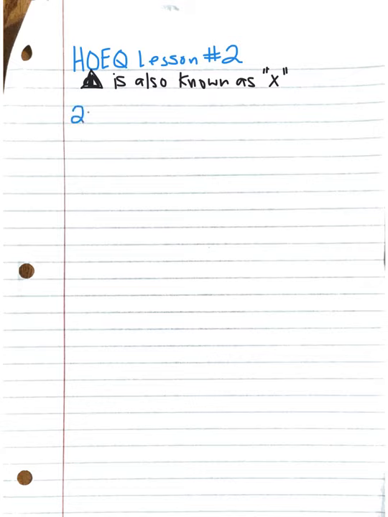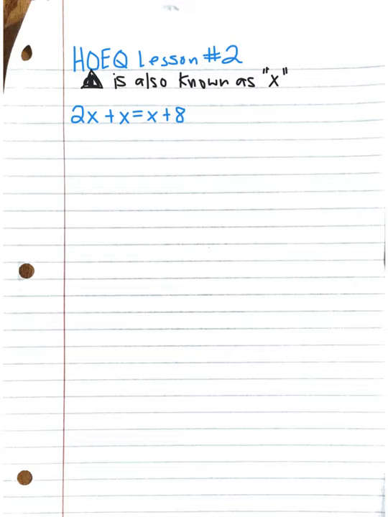For example, if I were to give you the equation 2x plus x is equal to x plus 8. Now, if we hadn't done this stuff with hands-on equations, you might look at this and start to freak out a little bit, like, why are there x's in there? But we just need to step back and look at it in a more visual way so that it becomes easier.